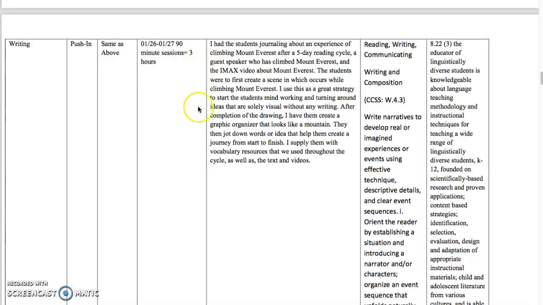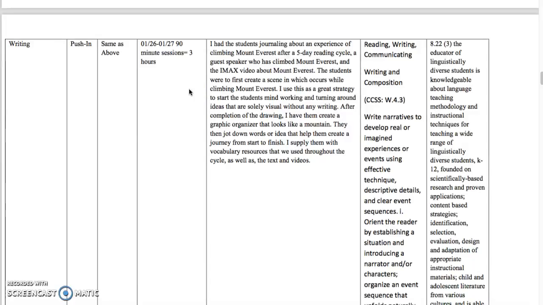So here it talks about how I had the students journal about their experience climbing Mount Everest. I pulled in multiple media sources for them to use. As it says here, a guest speaker, I had an IMAX video. We had read text. Then they were to create a scene on what would occur on Mount Everest.